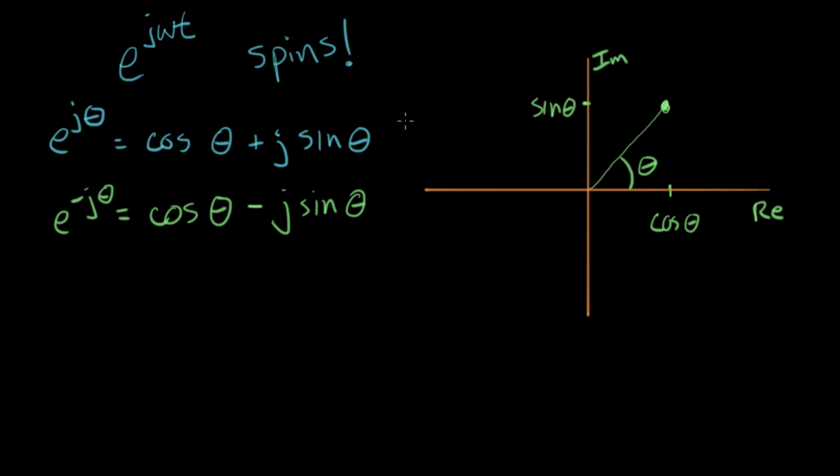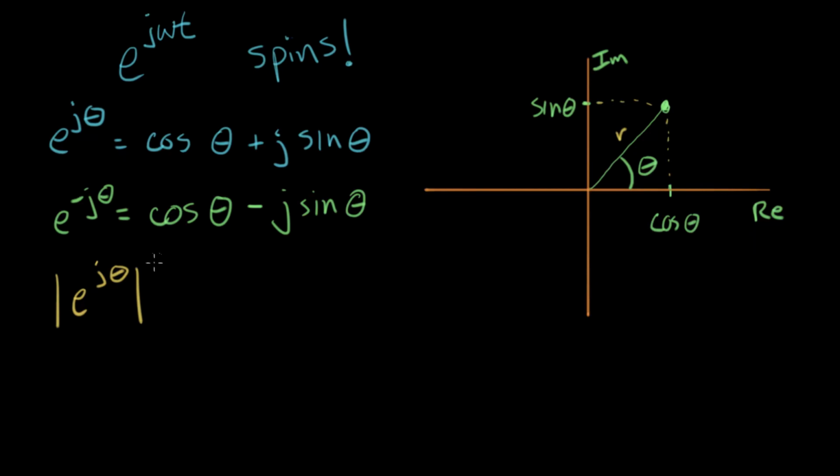So let's take a look at some of the properties of this complex number. One of the things we can ask is, what is the magnitude of e to the j theta? If I put magnitude bars around that, what that says is, what is this value here for r? And we can figure that out using the Pythagorean theorem.